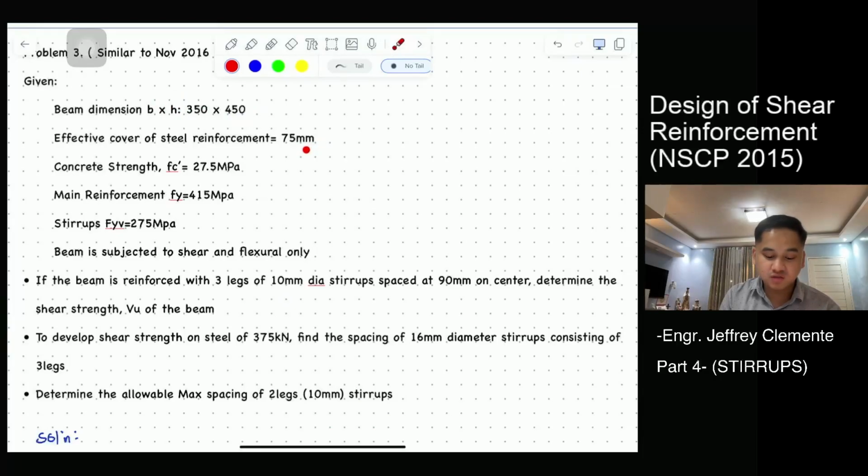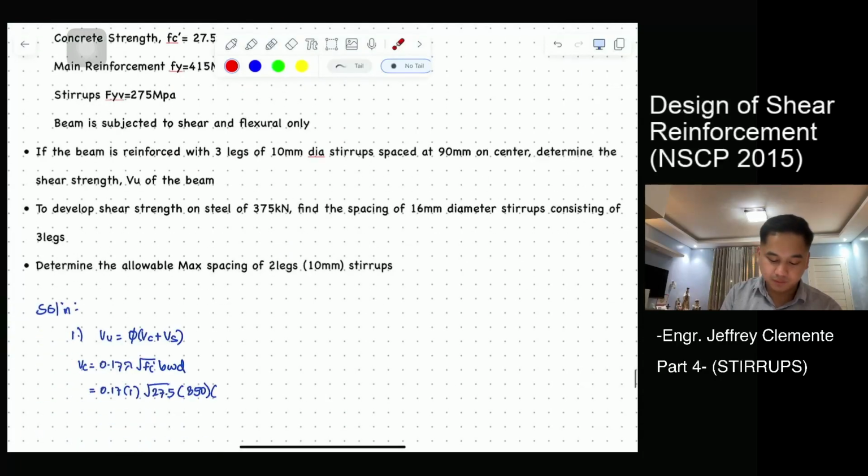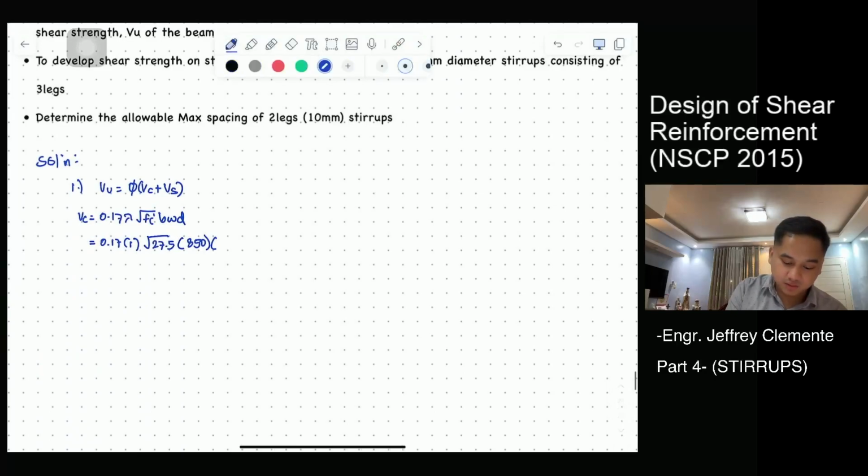Effective cover is 75, so the answer is 375. d is 375. Therefore, Vc, after solving it, would become 117.01 kilonewton.